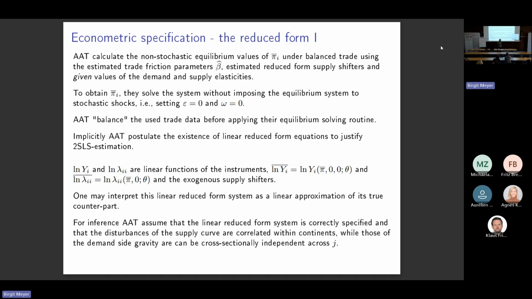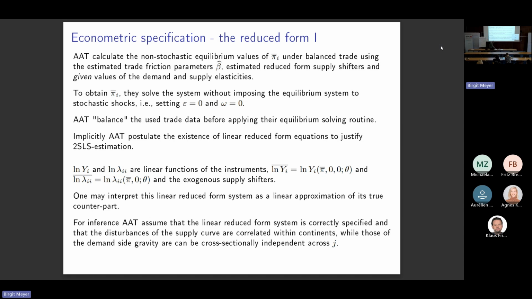If you have the reduced form, you would calculate the endogenous variables depending on the determinants, hoping that your system, demand and supply, is identified, but that depends on the shifters, whether you have demand and supply shifters or only one of them. And they do the same.